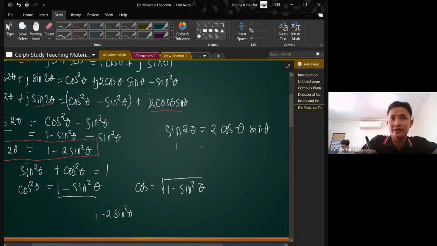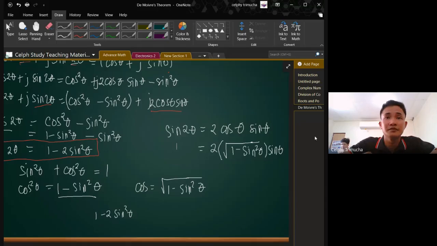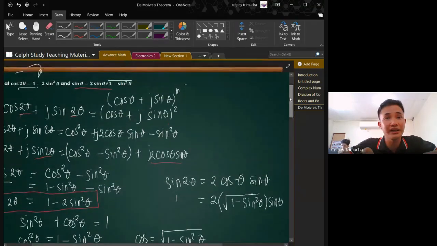Substituting here, we will have 2 times square root of 1 minus sine squared theta times sine theta. Okay, so based on our given, we have 2 sine theta, square root of 1 minus sine squared theta. So this is our answer.